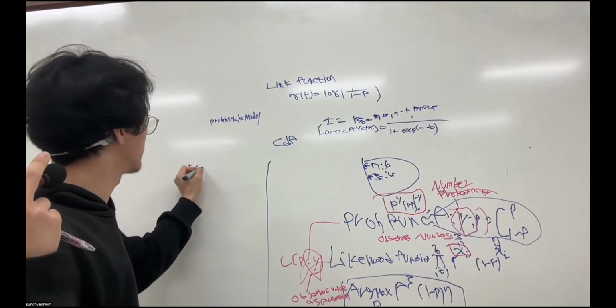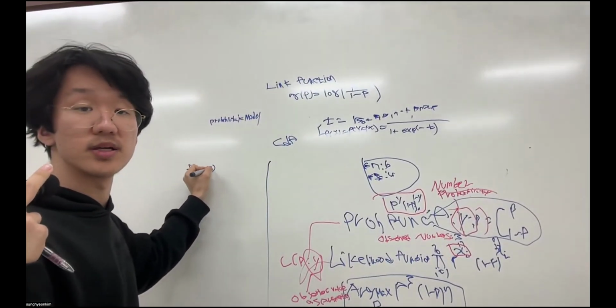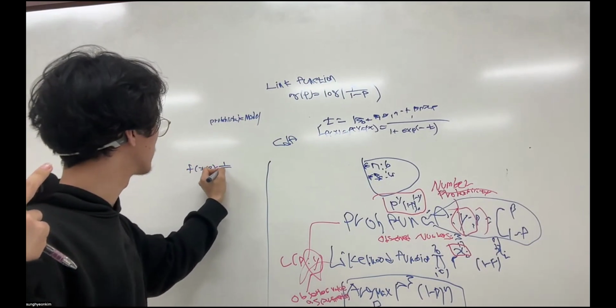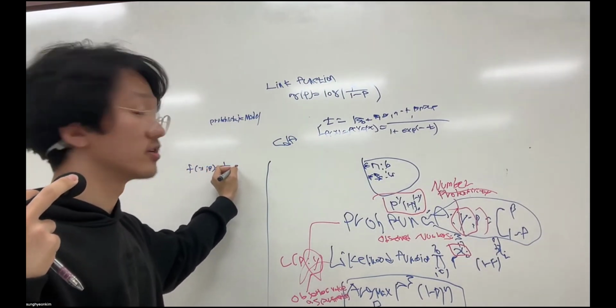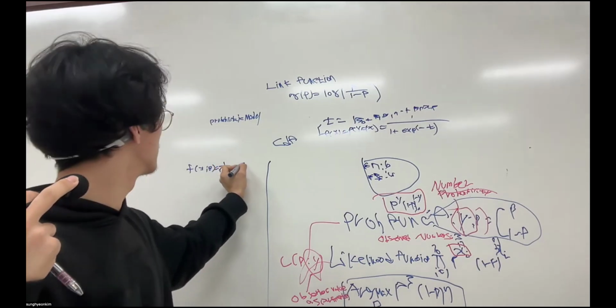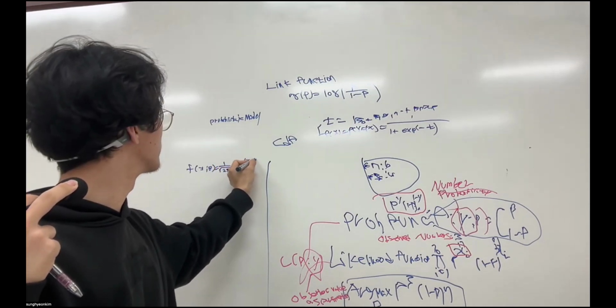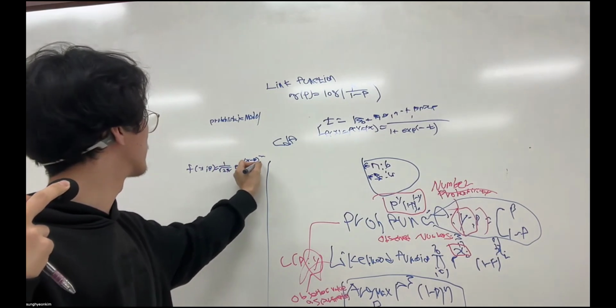f of x based on theta will be 1 over square root 2 pi e to the minus x minus sigma squared over 2.